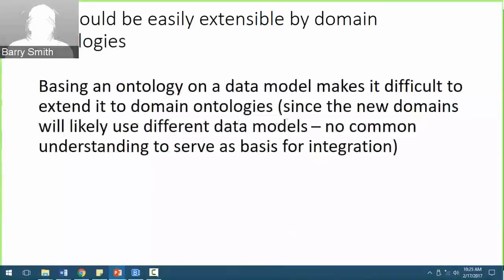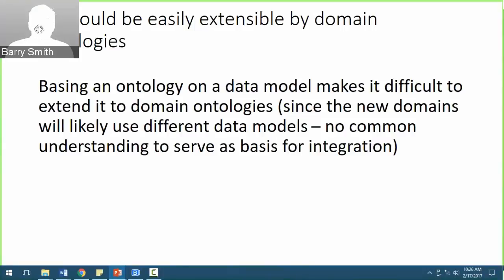Hey, Barry, just real quick on that difference between the two. Doesn't the ontology, though, then still need to make reference to a number of upper ontologies, if you will, that do take the data schema into account? So at some point you do need to know.